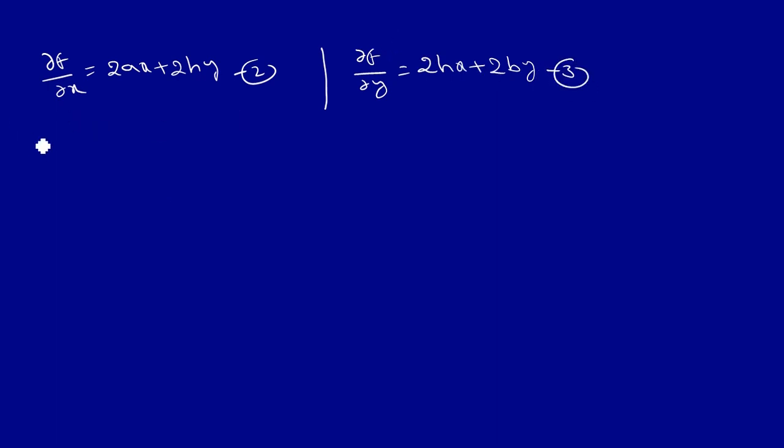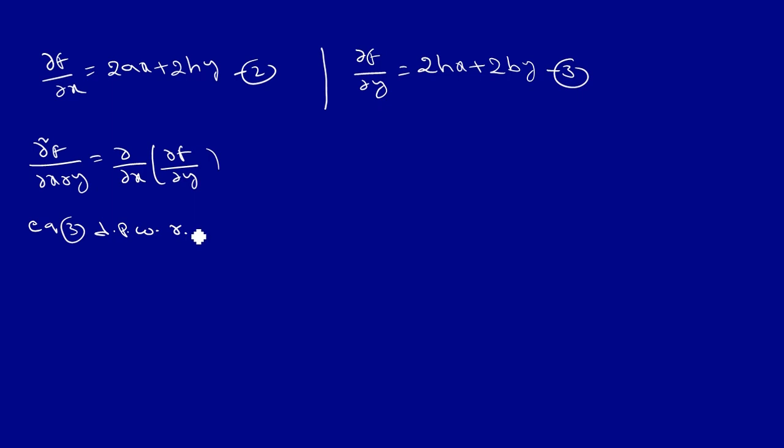Now find ∂²f/∂x∂y. ∂²f/∂x∂y means ∂/∂x of ∂f/∂y. So the equation ∂f/∂y differentiated partially with respect to x.